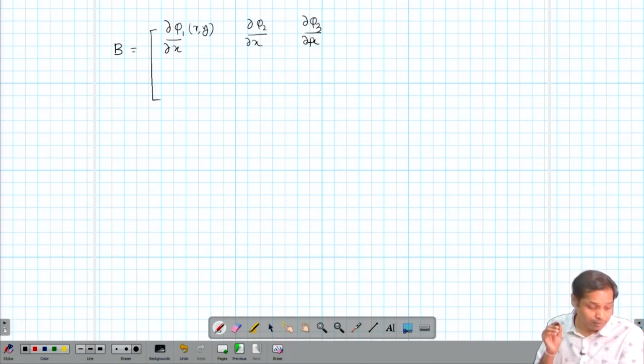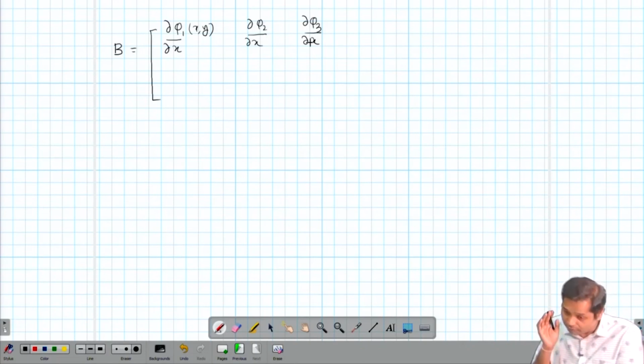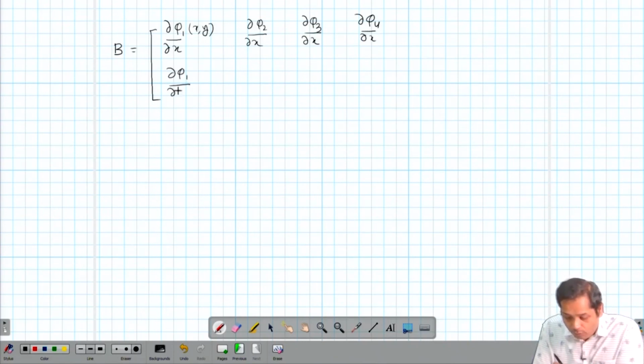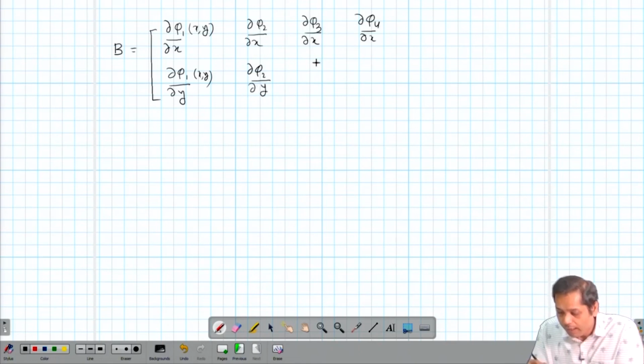This is for a triangular element. If you have a 4 noded quadrilateral element, then del phi 4 del x, and so on. Then del phi 1 del y, which is also a function of x and y. Others are also functions of x and y; I am not writing it explicitly. Then del phi 2 del y, del phi 3 del y, del phi 4 del y.